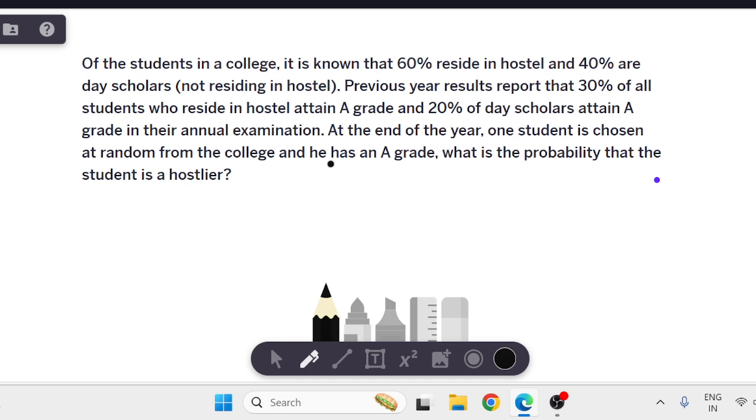Now here the confusion part is that it is known that 60% reside in a hostel and 40% are day scholars, not residing in hostel. And these are the branches. At the end of the year, one student is chosen.